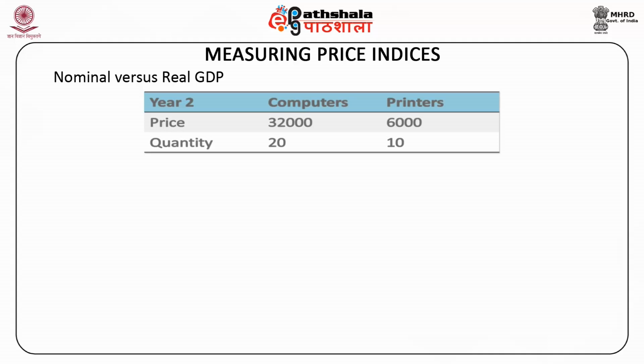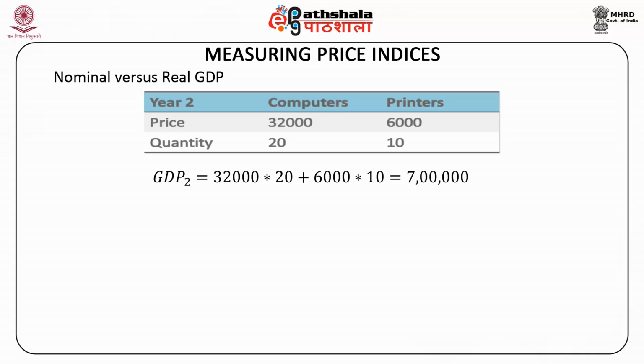The prices have also increased to 32,000 and 6,000 respectively. Therefore, the GDP in year 2 will be equal to 32,000 multiplied by 20 plus 6,000 multiplied by 10, which will be equal to 6,40,000 plus 60,000, that is 7 lakh rupees.